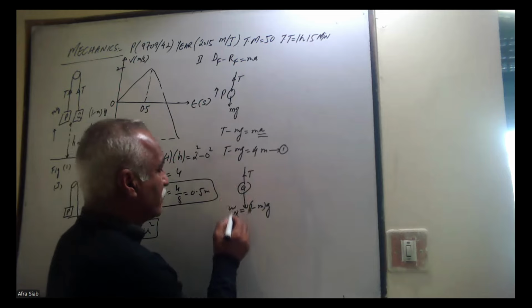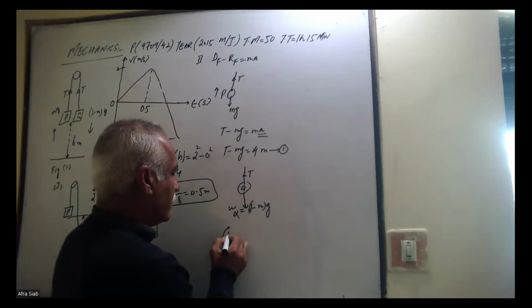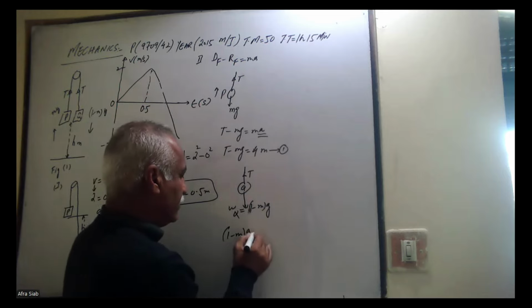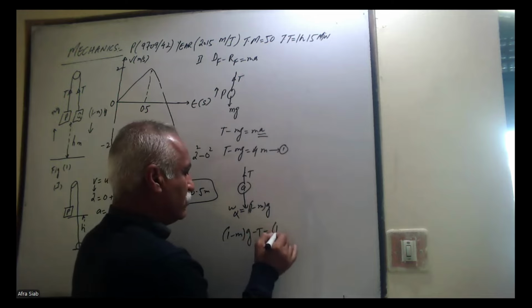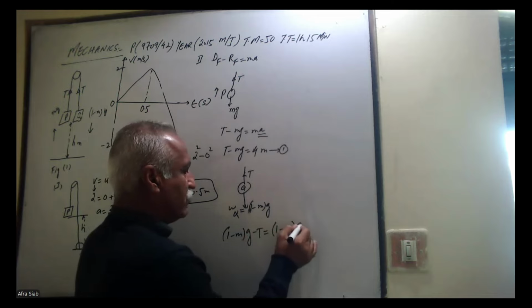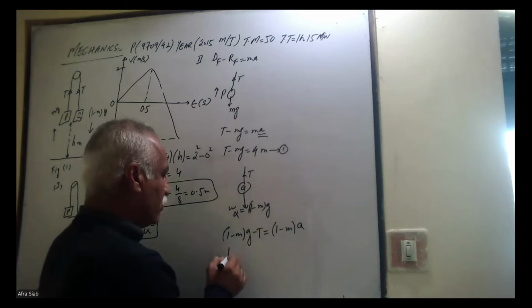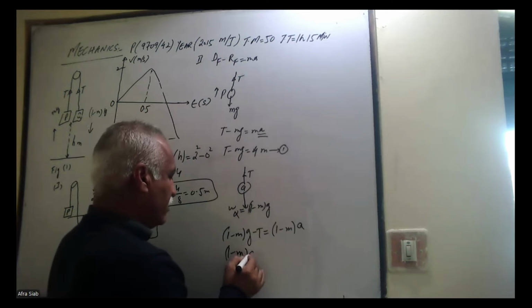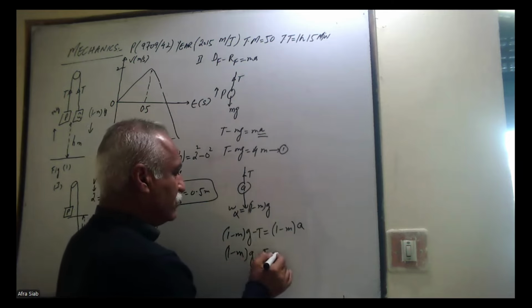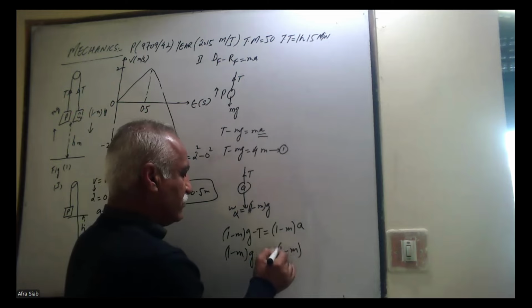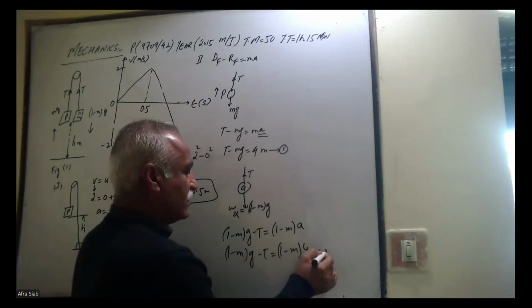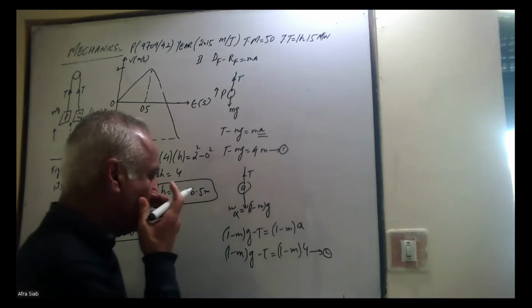So the equation becomes (1 minus m) into g minus T is equal to (1 minus m) into a. But the a value is equal to 4, so (1 minus m) into g minus T is equal to (1 minus m) into 4. Let's say that is equation number 2.